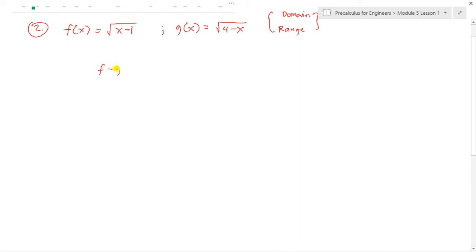Let's say you have f minus g of x, that is just equal to the square root of x minus 1 minus the square root of 4 minus x. So the same thing, the domain is the one we got in the last, it's the same. But for the range, maybe it is different because there is now a minus sign here.